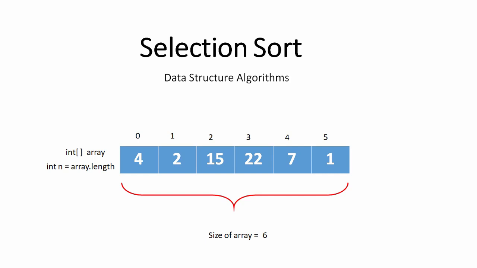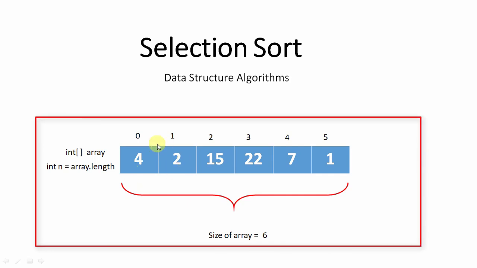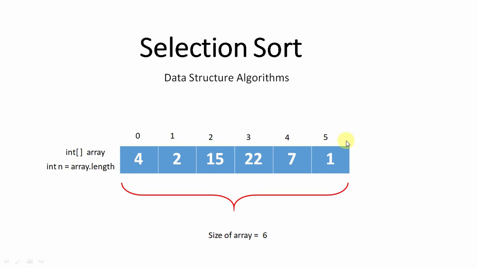Guys, we'll start with this very first slide. Right now, as you can see on my screen, I have taken an integer array of size 6, and I have specified the index position from 0 to 5. You can see we have an integer array, and the array length is 6.